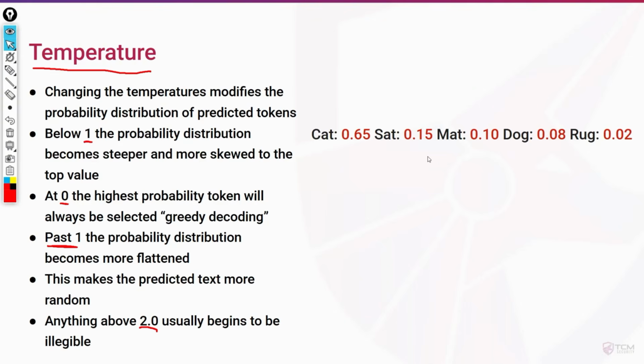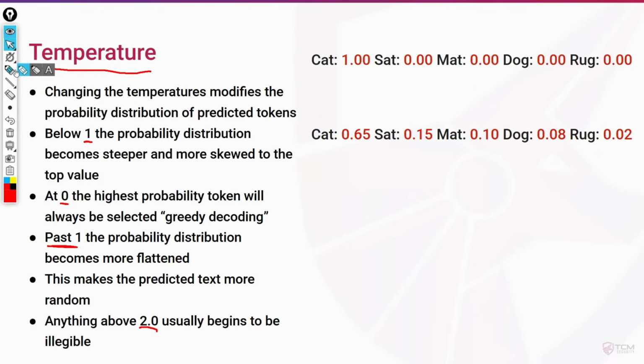If we decrease the temperature to 0, you can see that all of that probability has shifted to cat. So it's always going to be this one that is picked, right? Now let's go the other way. This is at a temperature of 1 right here, and let's crank the temperature up.